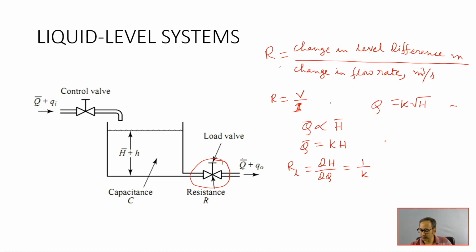So, this is multiplied by some coefficient k. So, in this case, for turbulent flow, dH by dQ is equal to k divided by 2 root H.